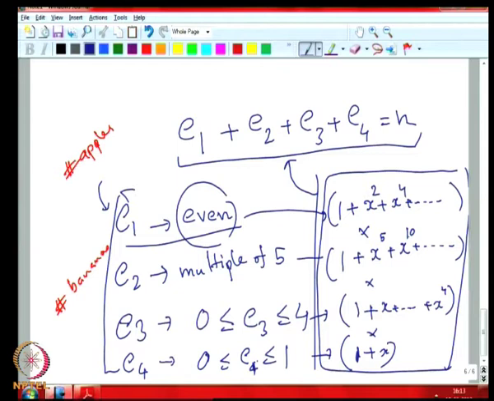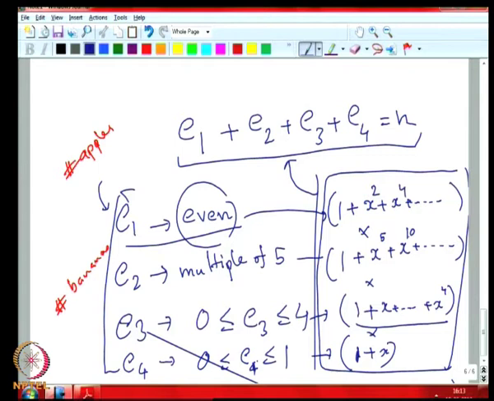That is clear, because if you get such a solution, definitely one term will come corresponding to that. E1 is an even number, so I can take x raised to E1 from this factor, and E2 is a multiple of 5, so I can take x raised to E2 from this one, and E3 is in between 0 and 4, so I can take x raised to E3 from this one, and E4 is 0 or 1, therefore I can take from here either 1 or x, corresponding to x raised to E4.